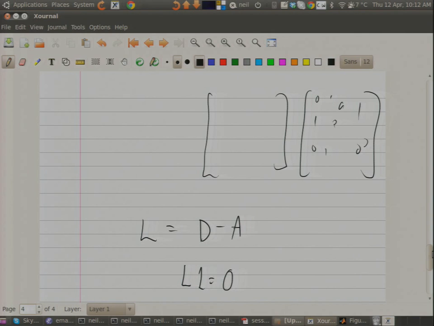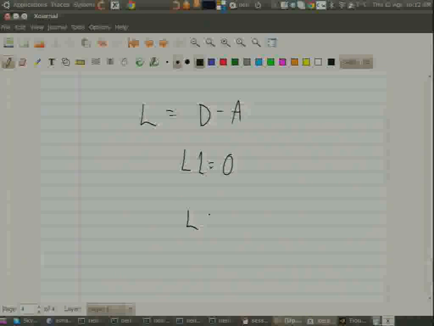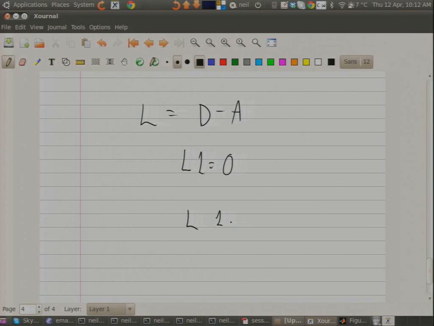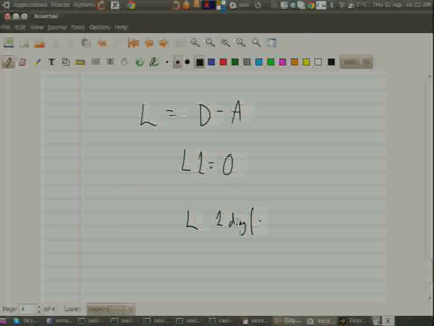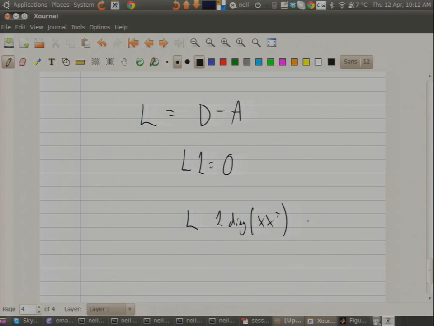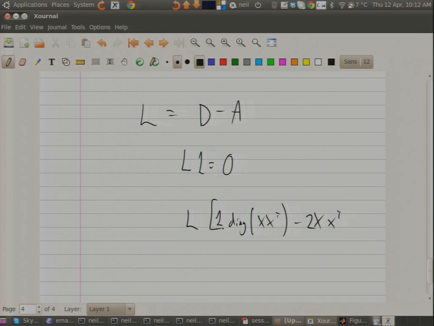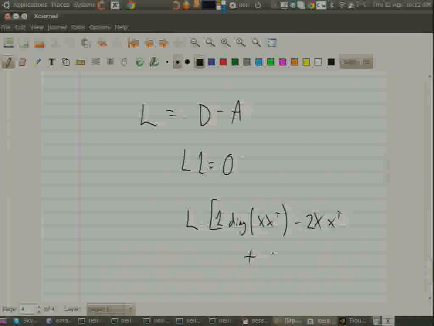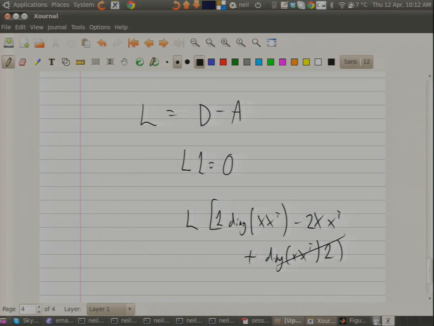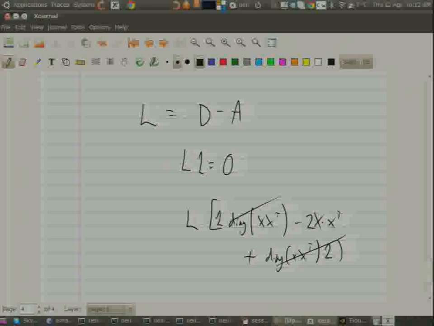Now that means that if we multiply L by a distance matrix, what happens? This old representation here, we get these terms cancelling, and you get just this XX transpose appearing.